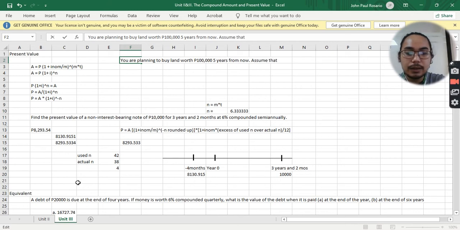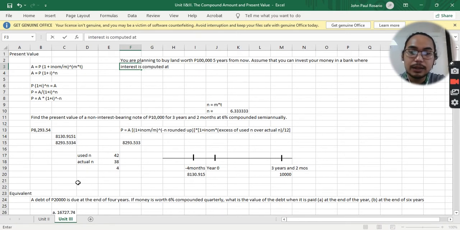Assume that you can invest your money in the bank where interest is computed at 9% compounded quarterly.